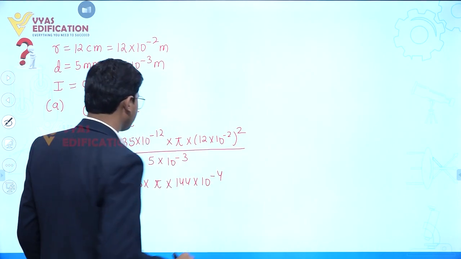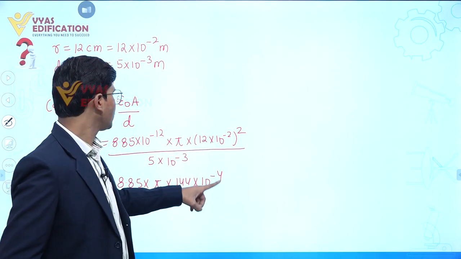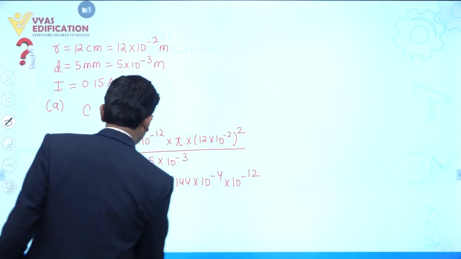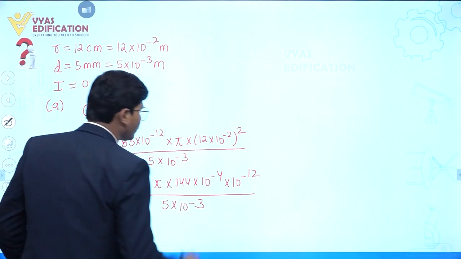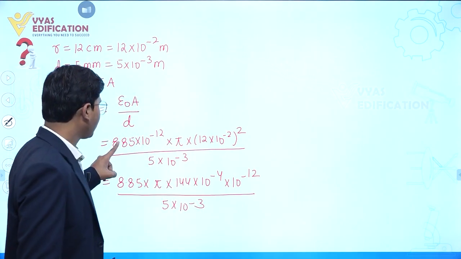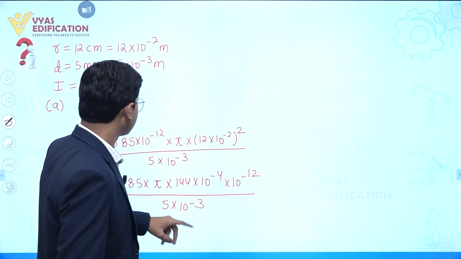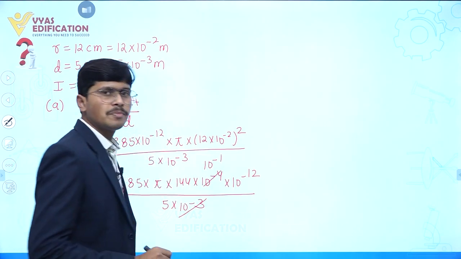8.85 into pi multiply 144 into 10 to the power minus 4 into 10 to the power minus 12, divided by 5 into 10 to the power minus 3. Clear to everyone? From here this one is cancelled out, this is 10 to the power minus 1.